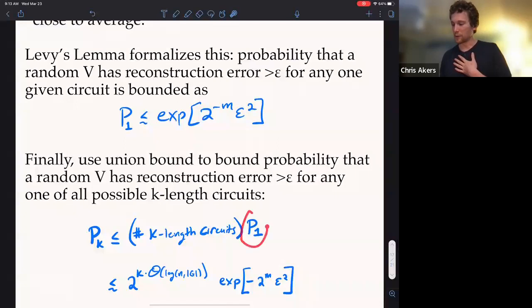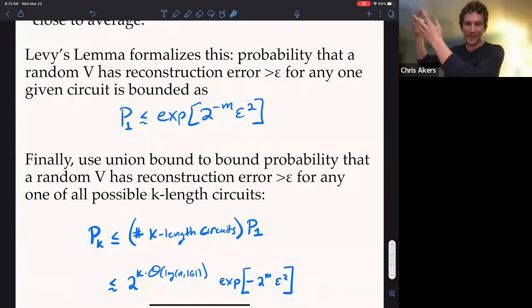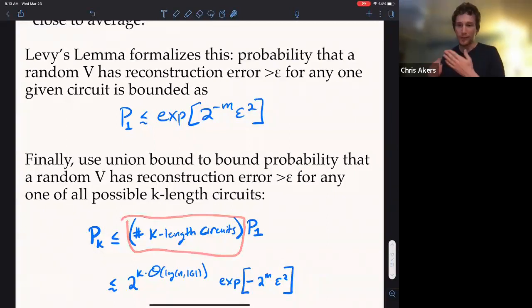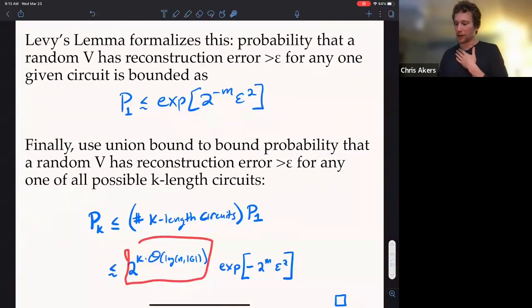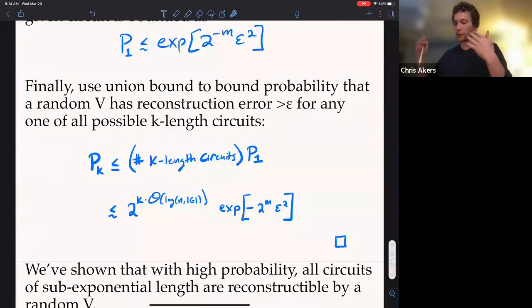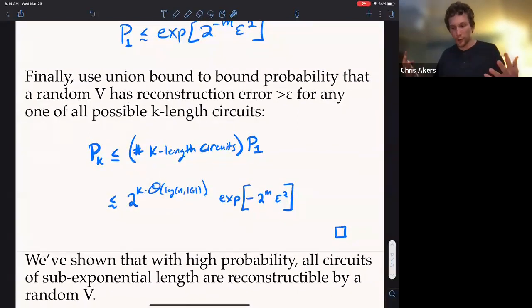P1 we had computed using the concentration of measure machinery that I glossed over. And the number of k-length circuits we computed in that lemma was just this thing that's exponential in k. And then with all of this, we've shown what we want. We've shown that with high probability, all circuits of sub-exponential length are reconstructible by a random V.